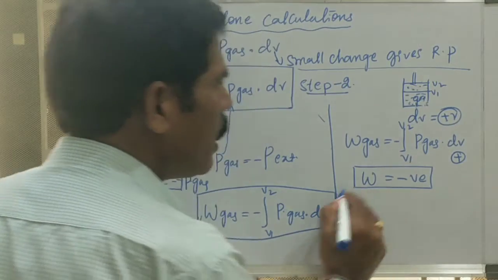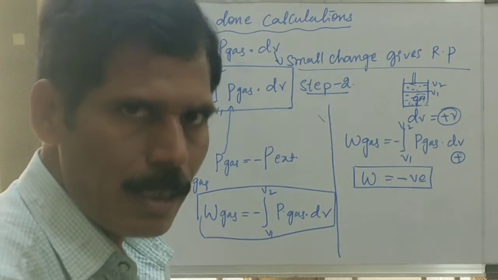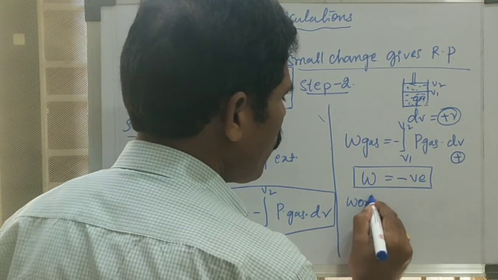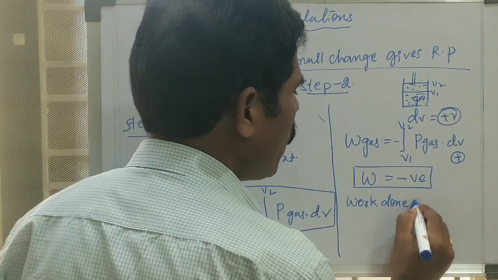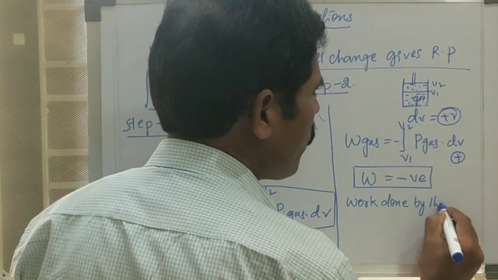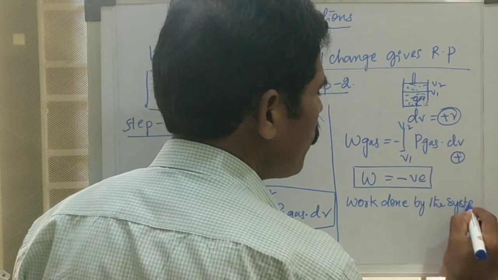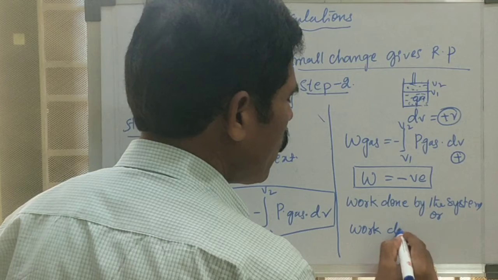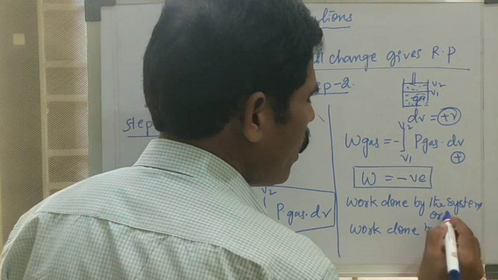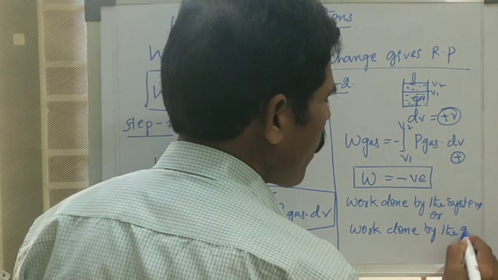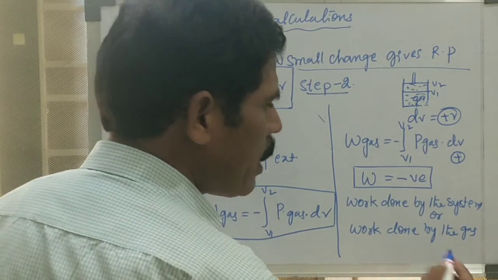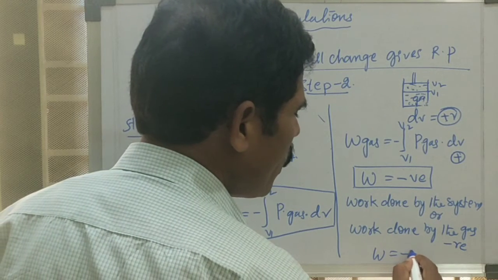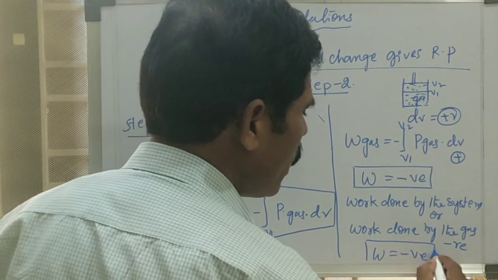It means the work done by the system, or work done by the gas, is negative. Finally W is negative.